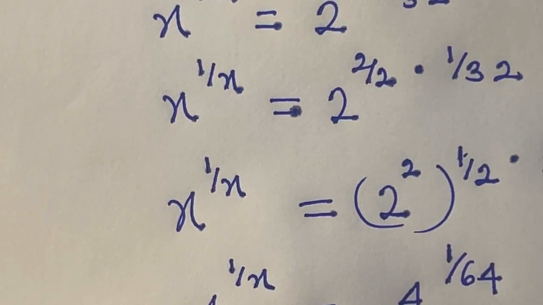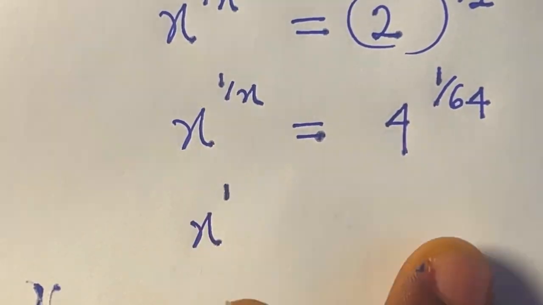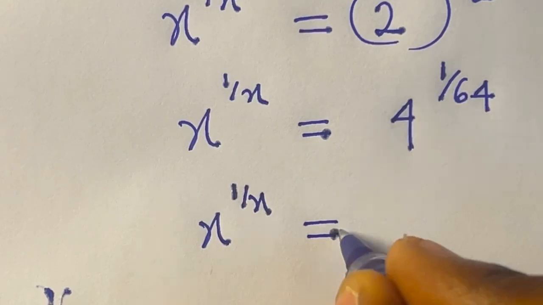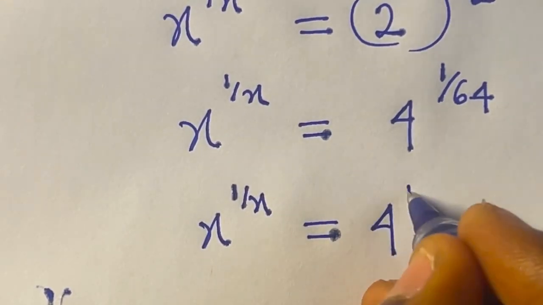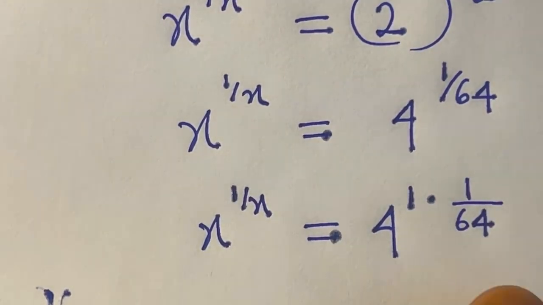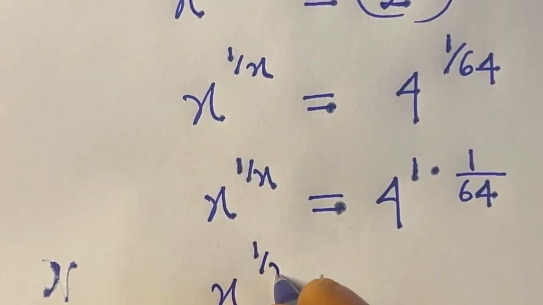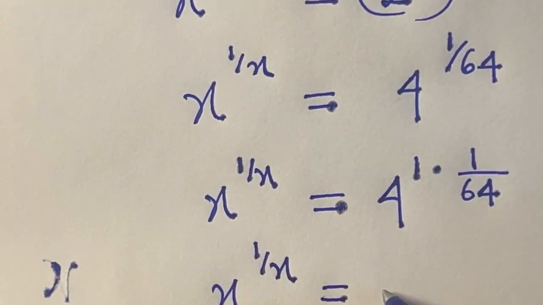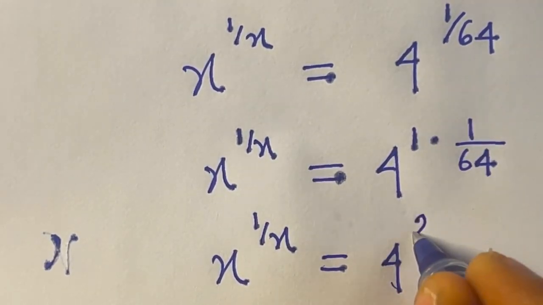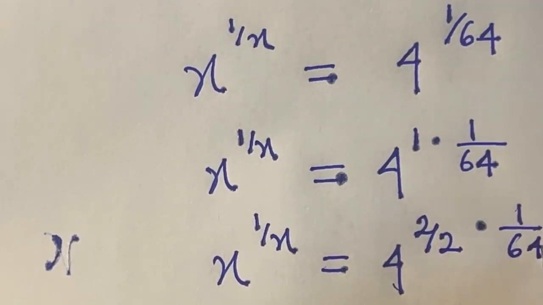If we have this, we are going to have x raised to power 1 over x equals 4 raised to power 1 multiplied by 1 divided by 64. All right. Therefore, we have x raised to the power 1 over x equals 4 raised to the power of 1, which could be expressed as 2 divided by 2, then multiplied by 1 divided by 64.